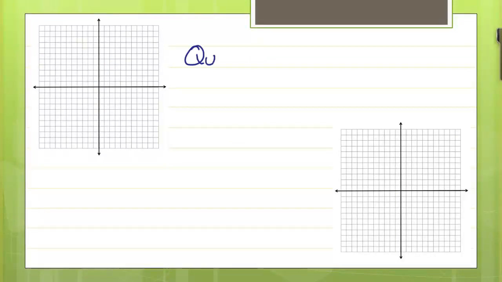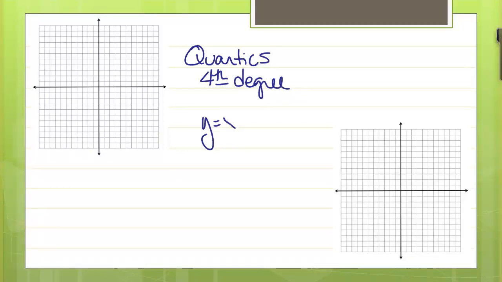And last we have quartics. We could keep going, but we're going to stop at 4 because you're going to see the pattern. Quartics are 4th degree. So if I have y equals x to the 4th, and I'm very much going to exaggerate this, I'm not going to try to make up an exact equation. The x to the 4th really kind of looks like a parabola but with a flat bottom.